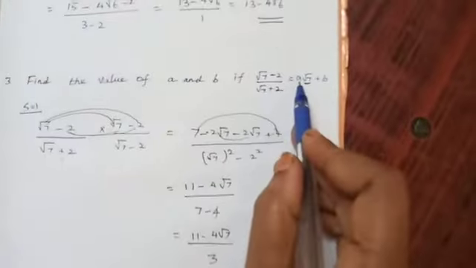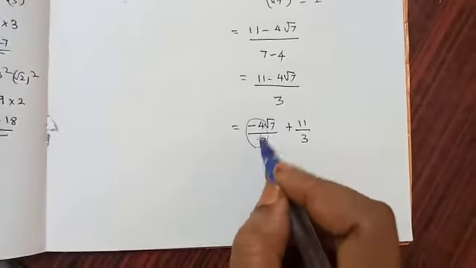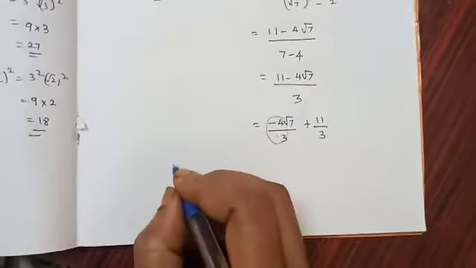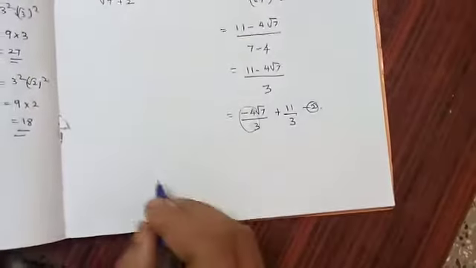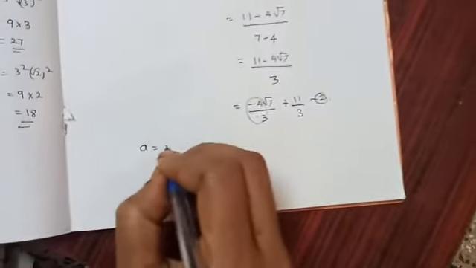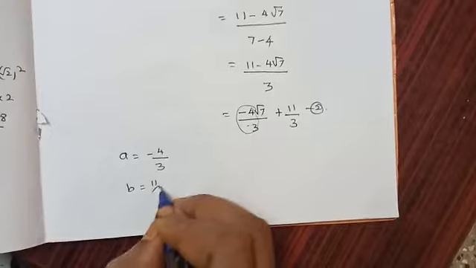Here a is the coefficient of root 7, which means a is minus 4 by 3. So comparing this one, a is equal to minus 4 by 3. Then here b is the constant. So here also b is 11 by 3. So b is equal to 11 by 3.